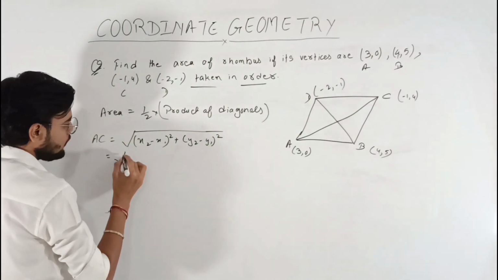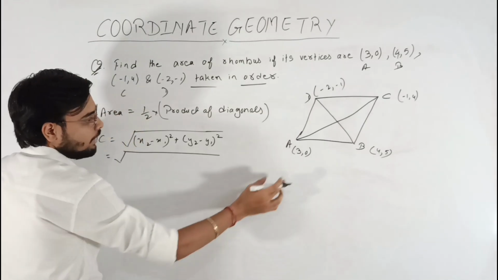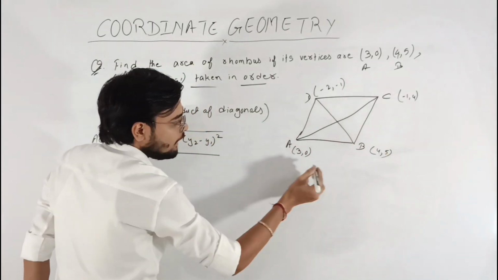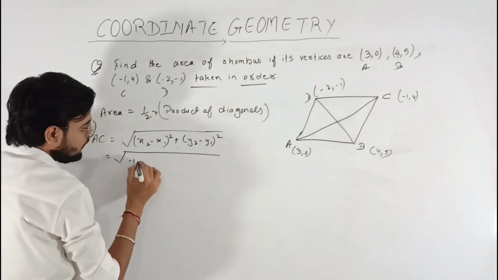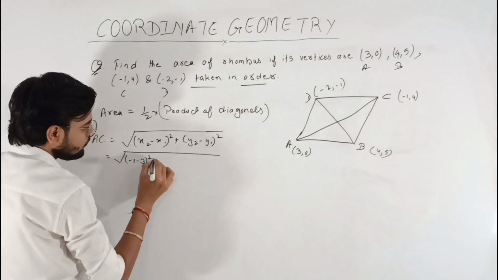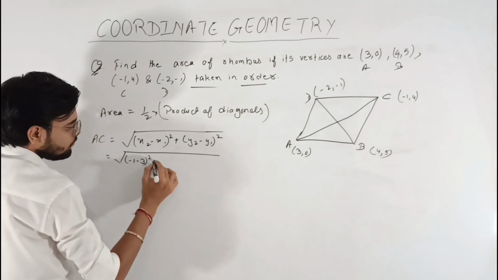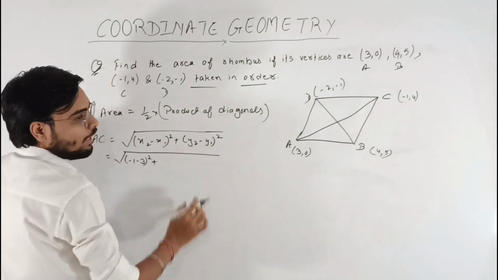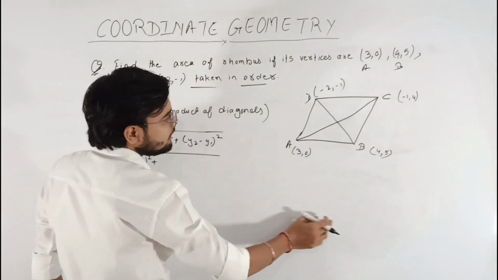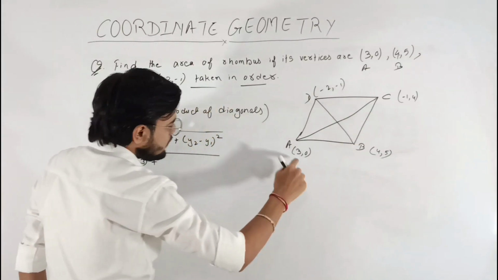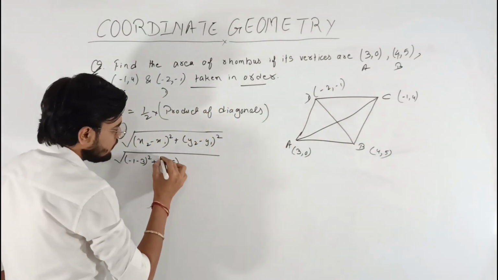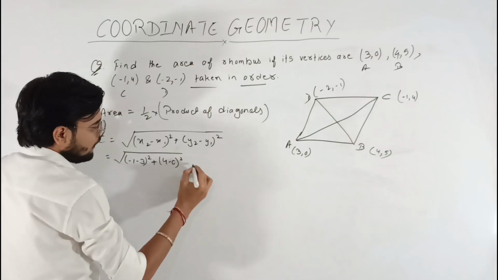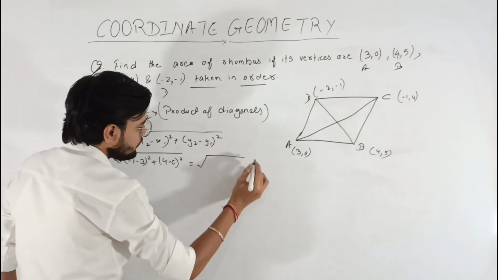So look here, under root x2 minus x1. Now for AC, x2 is minus 1, x1 is 3. So minus 1 minus 3 square, plus y2 minus y1. For AC, y2 is 4 and y1 is 0. So 4 minus 0 square. Now this is equal to what?